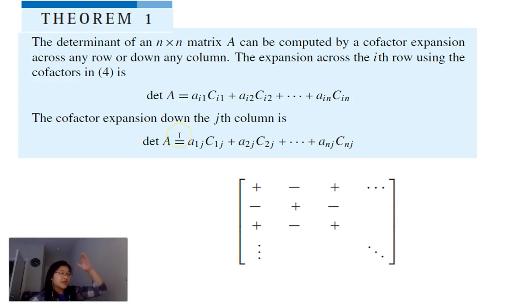Or we could go down the jth column, just parsing through, indexing our row up, but keeping our column the same. So we have this lovely pattern, this checkerboard pattern of pluses and minuses, because the parity changes with each of these locations on what -1 is going to be raised to. And so that's quite lovely.